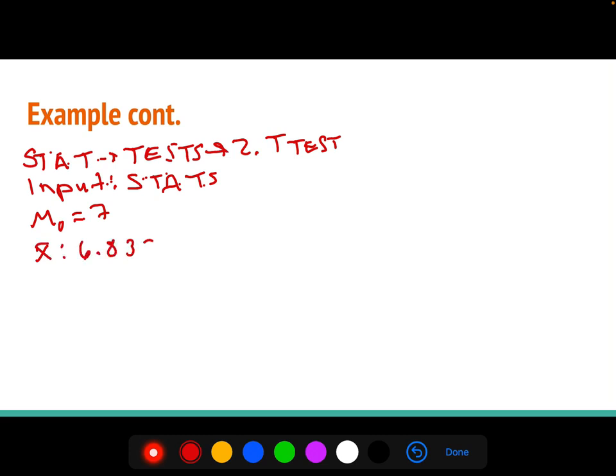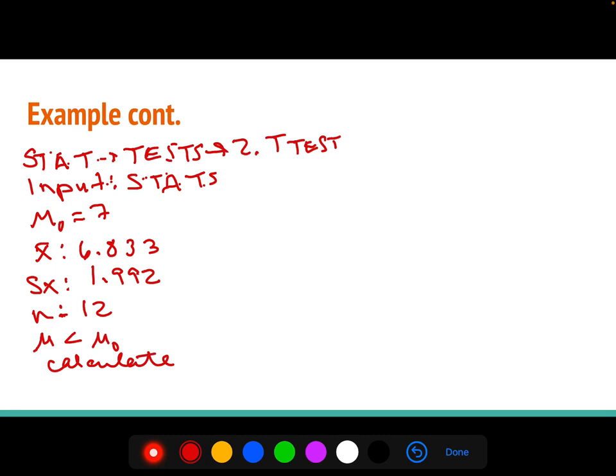Your X bar is 6.833, you get the idea. Your Sx is 1.992, you get the idea. N is 12, and you're going to choose mu less than mu naught, and then calculate.